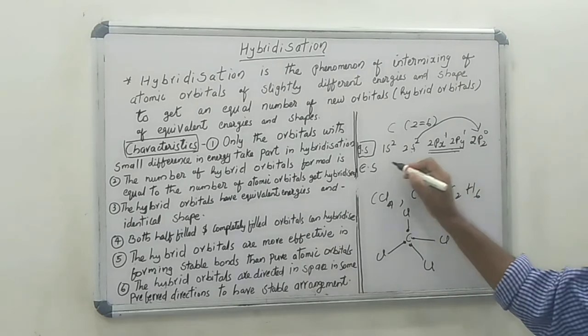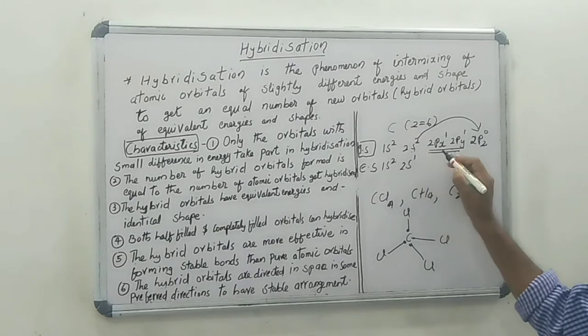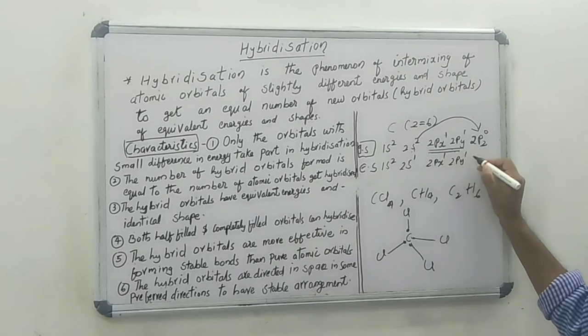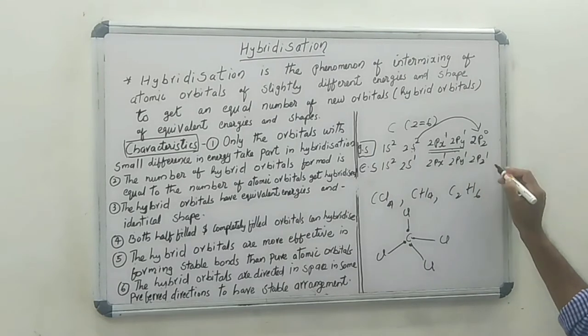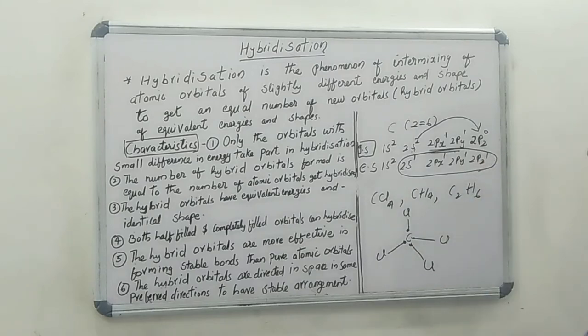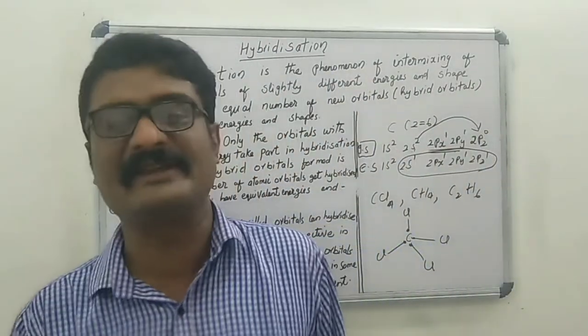Then its electronic configuration becomes 1s2, 2s1, 2px1, 2py1, 2pz1. Then the number of half-filled orbitals present in carbon atom becomes 4. Now the carbon atom attains tetravalency.